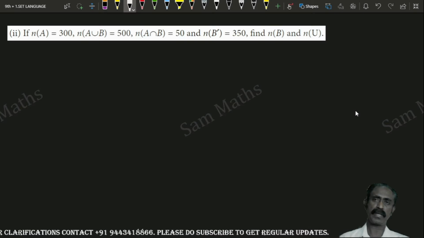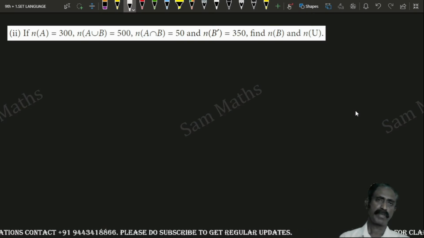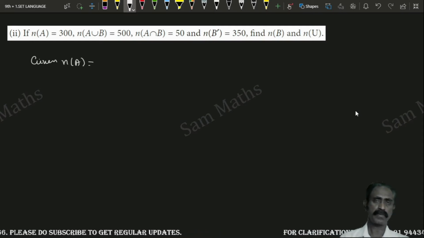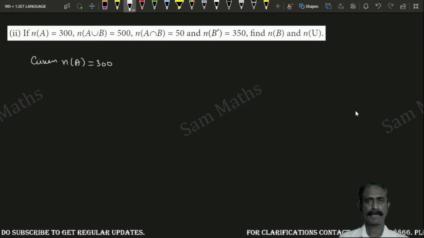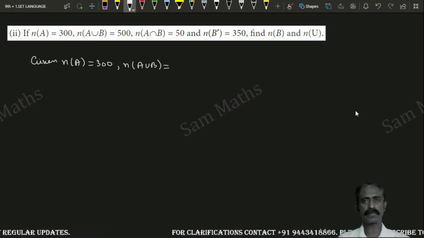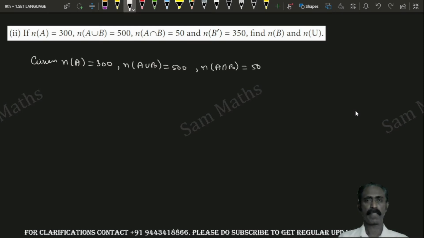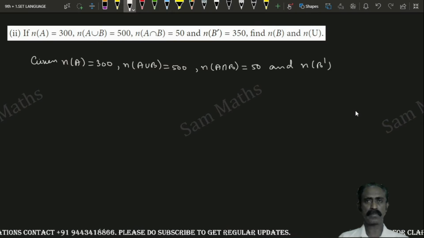Find n of B and n of U. Given n of A is equal to 300, n of A union B is equal to 500, and n of A intersection B is 50. Also they given n of B dash is equal to 350.